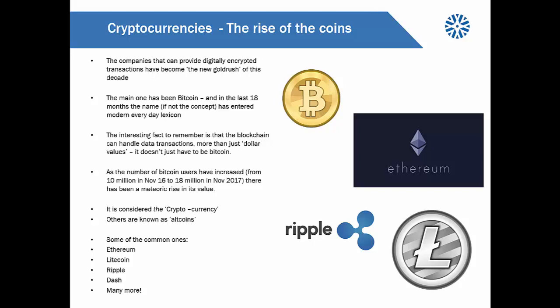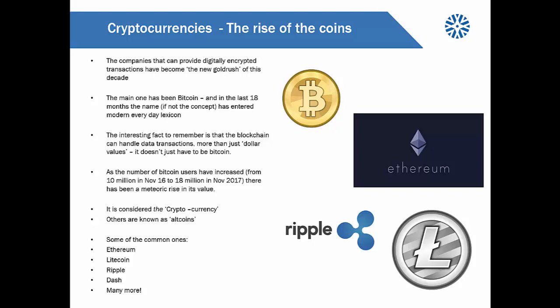But there are more of them coming, and we're going to touch on them in a moment. What's interesting to remember about these digital currencies is that the blockchain upon which it sits can handle data transactions, more than just dollar values. It doesn't just have to be Bitcoin, and this is what is going to accelerate the implementation of various types of cryptocurrencies.